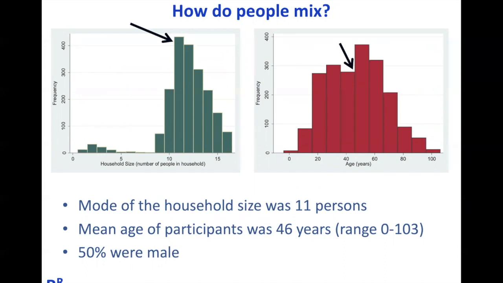The mode of household size was 11 persons, so lots of contacts in the household was very common. The mean age of participants was 46 years, with a very wide range. 50% were male.